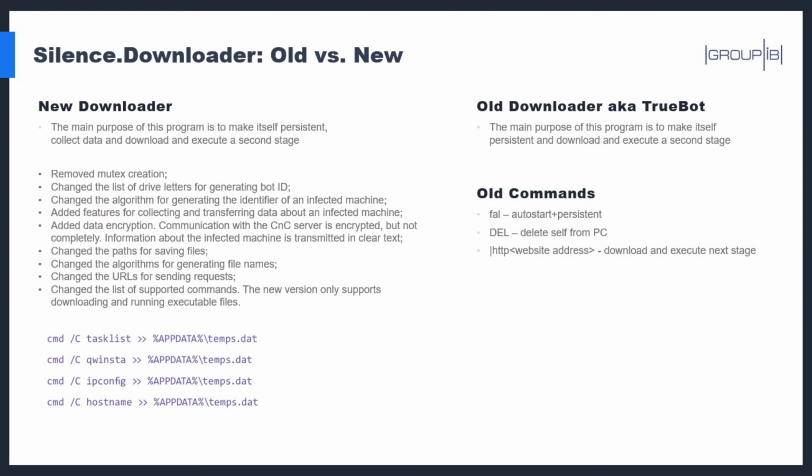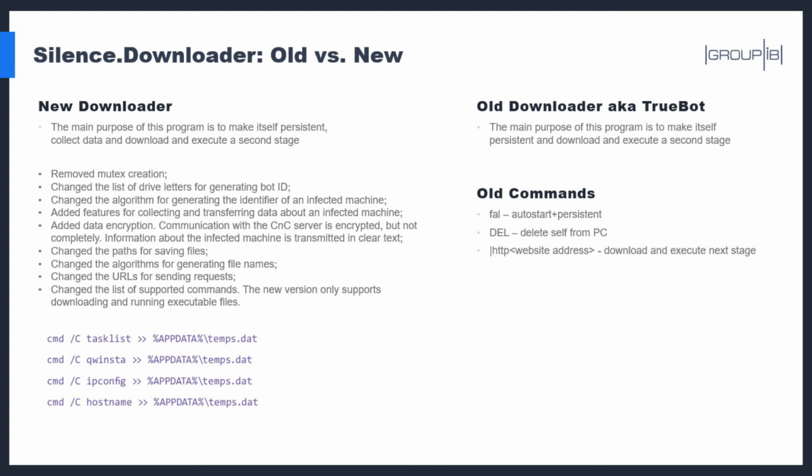Also, they encrypted all strings used during execution. They added features to obtain information about the compromised PC and the domain of the machine. Also, they changed paths on command and control servers and algorithms for generating file names.